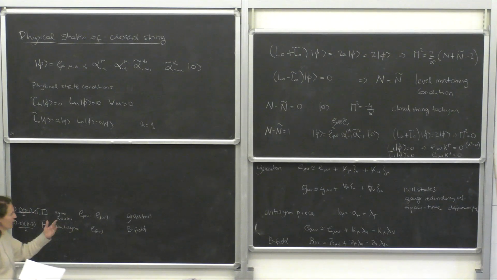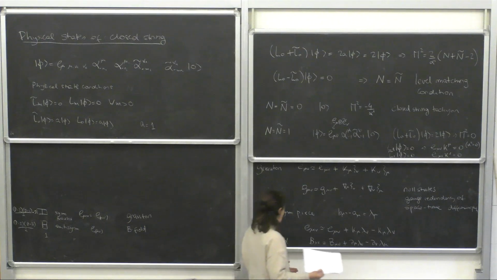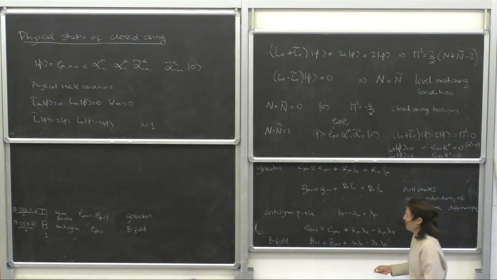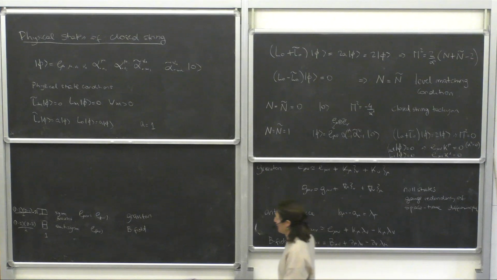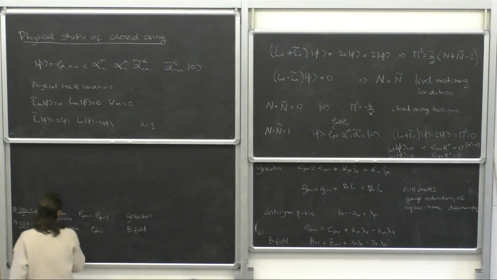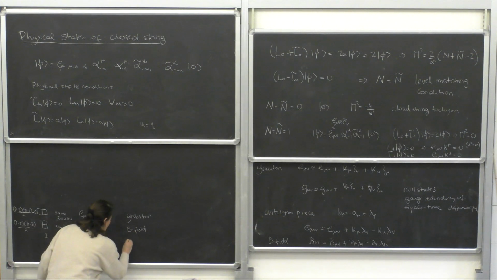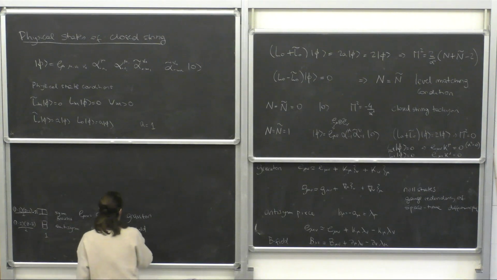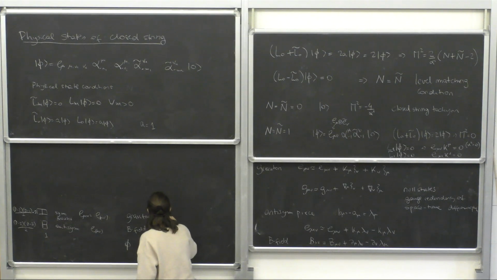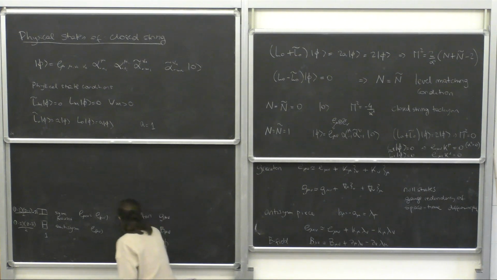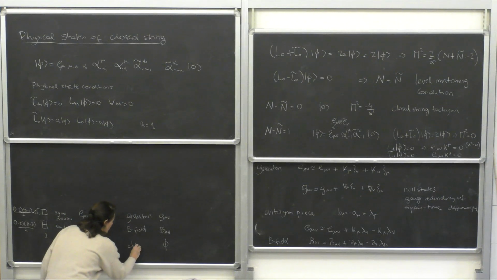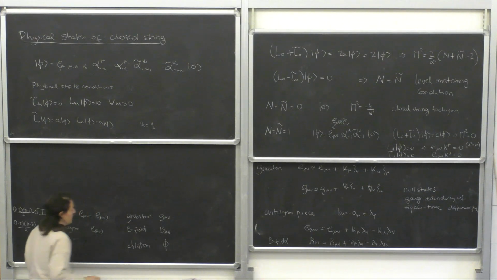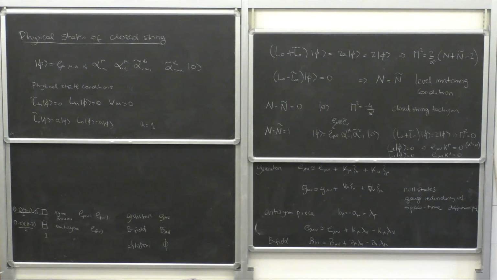We talk about the B field, but the quantum of it, there is no name for it. And the trace, we call it phi. So graviton G mu nu, B field B mu nu, and phi here, and this is called the dilaton. It will play a very important role.